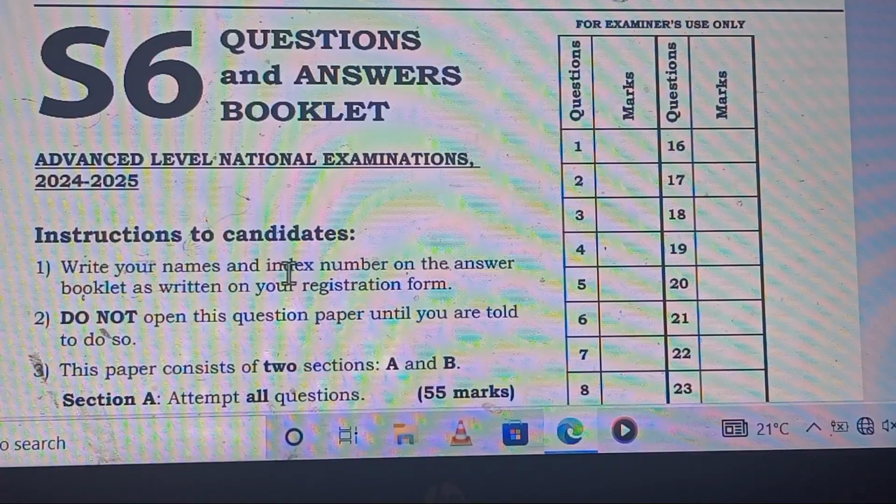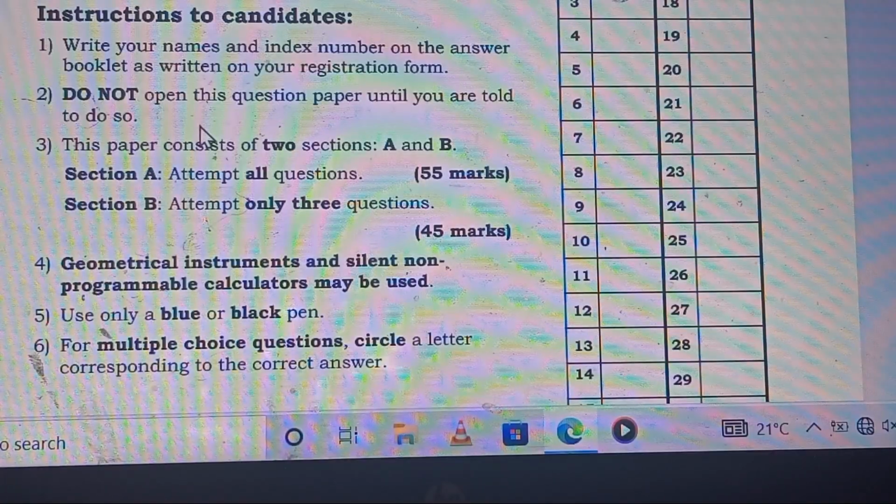Write your name and index number on the answer booklet as written on your registration form. Don't open this paper until you are told to do so. The paper consists of two sections, A and B. In Section A, you attempt all questions for 55 marks.